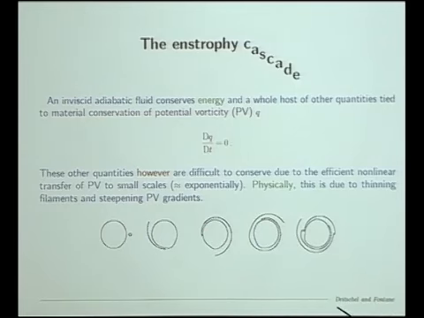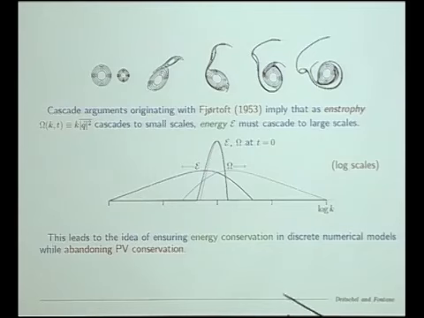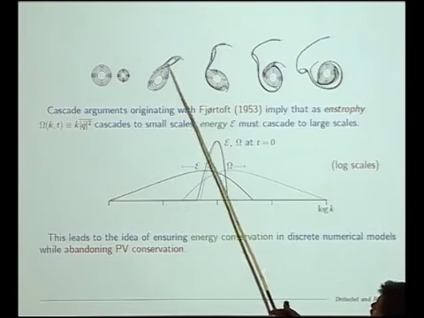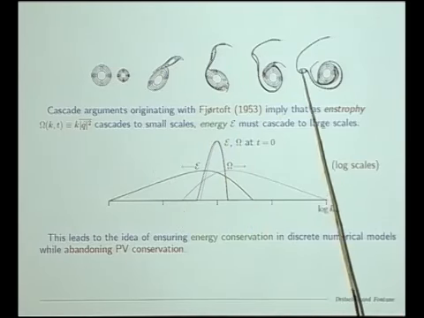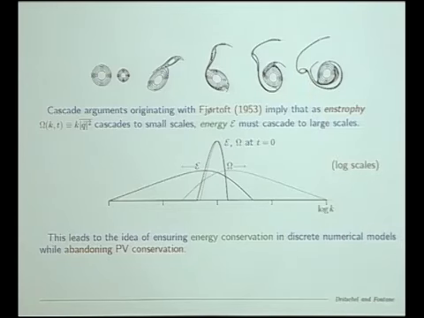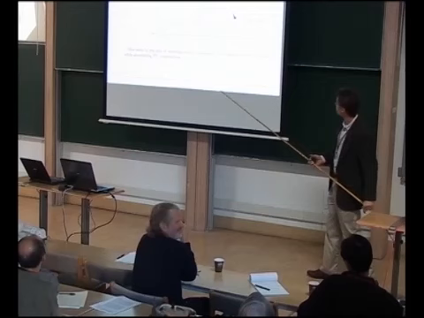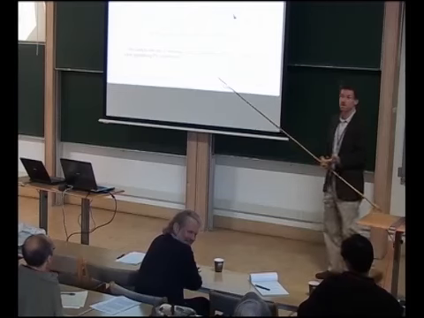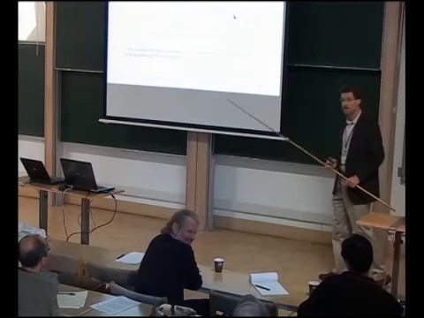In physical space, this is due to the thinning of filaments, like in this example, where a small vortex gets sheared out and turned into a filament very quickly, on the time scale of one rotation period, and the steepening of PV gradients, shown here, where the small vortex gets stripped of its outer levels of vorticity, leaving a very sharp edge. Both of these produce small scales in order one characteristic turnaround times.